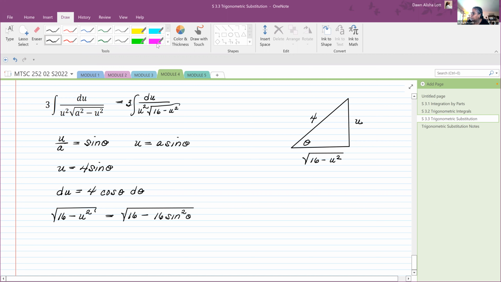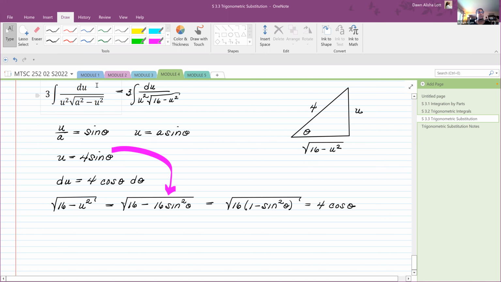So I put u right in there. That's the square root of 16 times 1 minus the sine squared of theta. 1 minus sine squared is cosine squared, and the angle is less than 90, so the square root of cosine squared is cosine. So this just becomes 4 cosine theta.